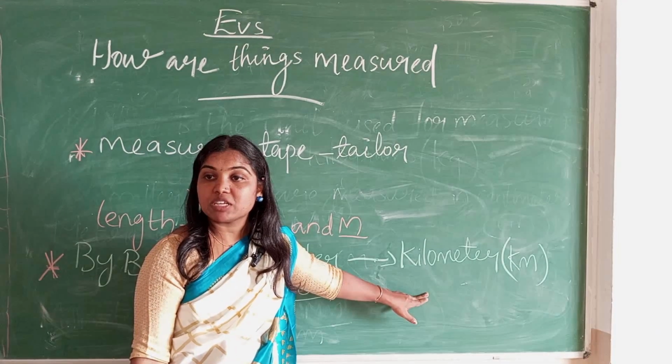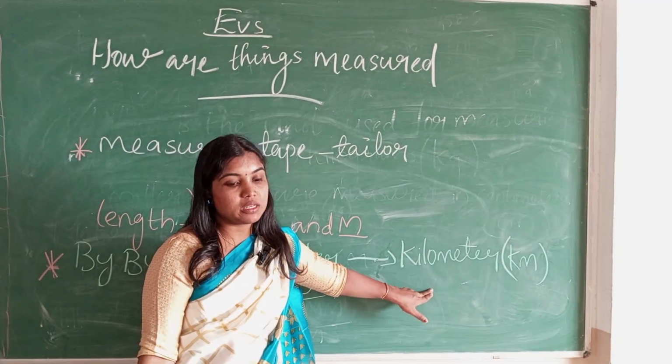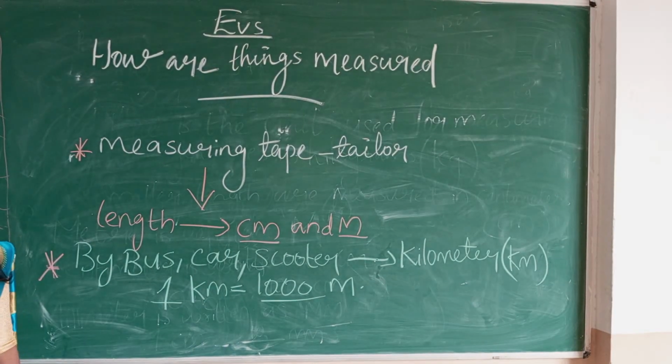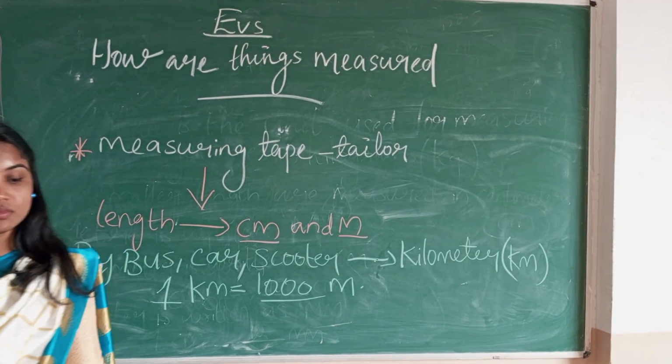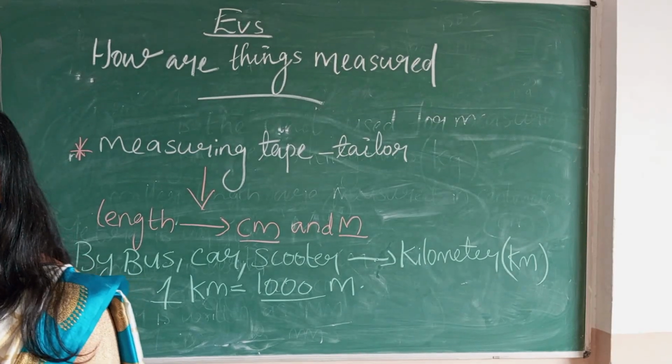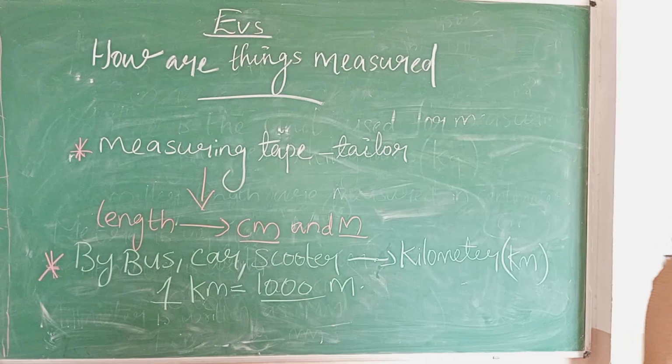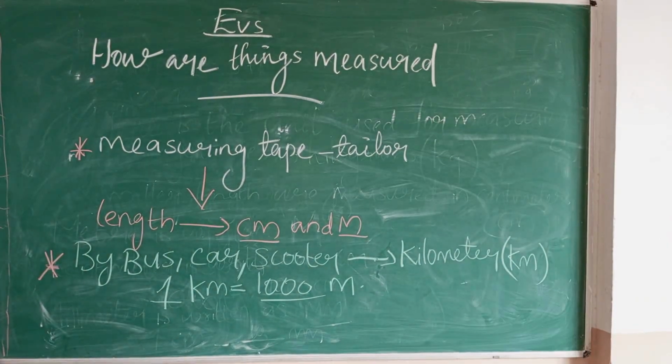Long distance we can measure in kilometers. 1 meter is equal to dash kilometer.